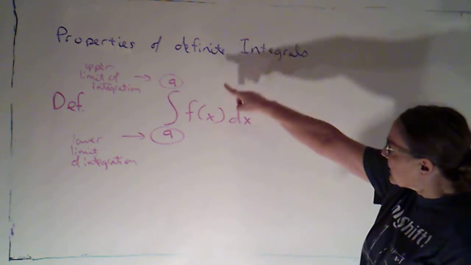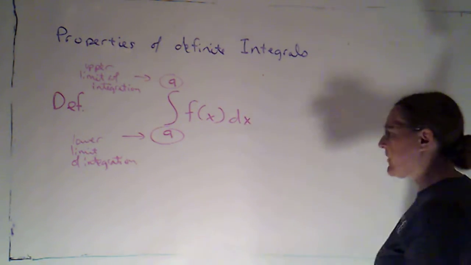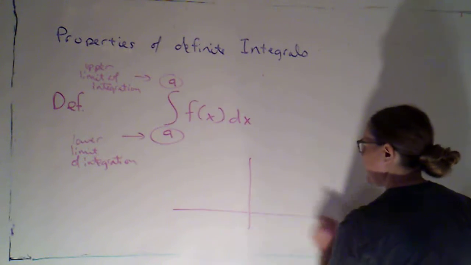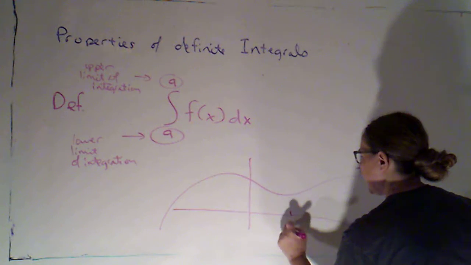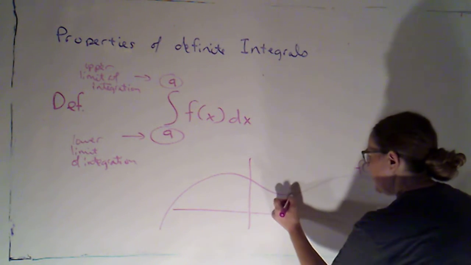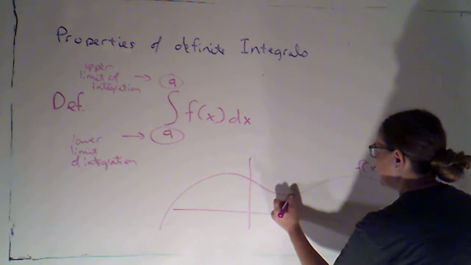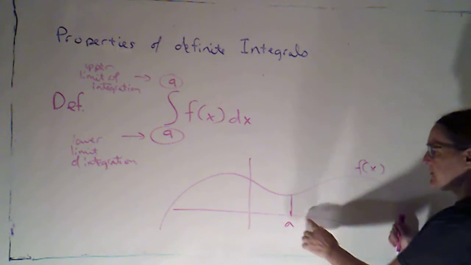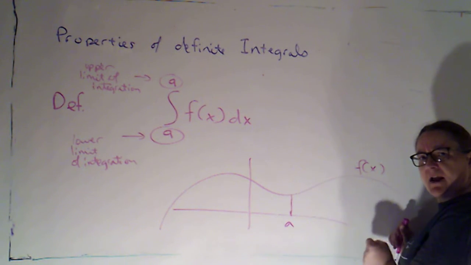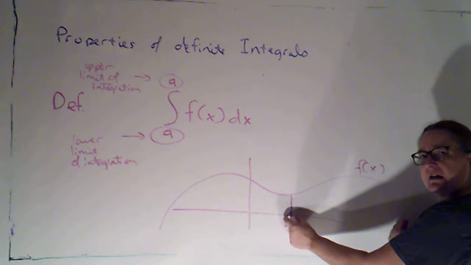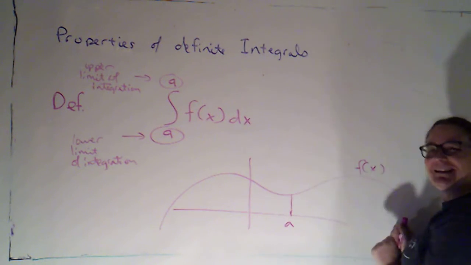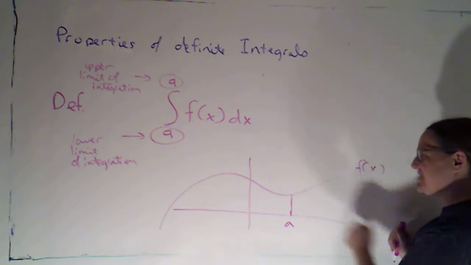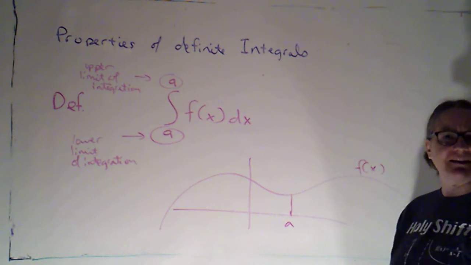Okay, so here I've got that the limits of integration are the same. So if I think about what's going on here, I've got some function f of x, I've got some x value a, and I'm really looking at something like so. This would give me what I call a degenerate rectangle because the base would be 0. The length of this interval is 0 because its starting and its ending point are exactly the same.